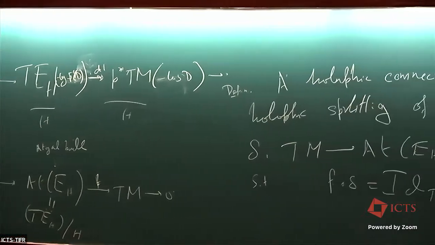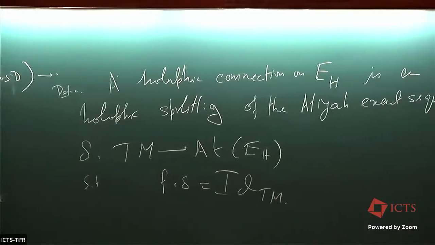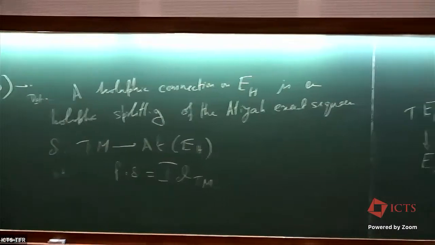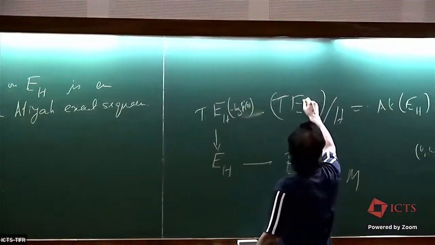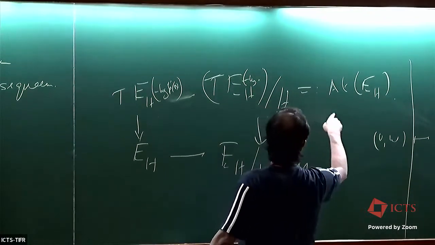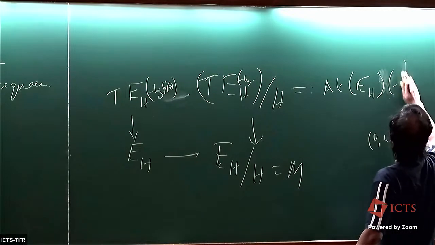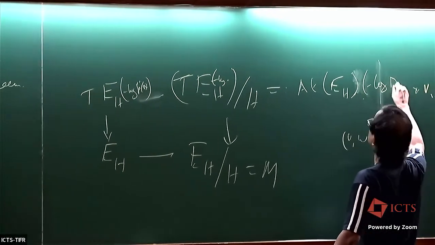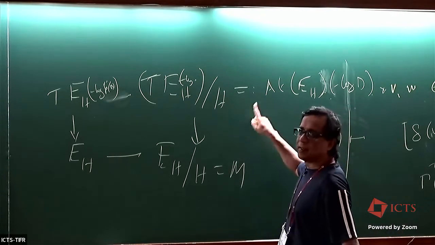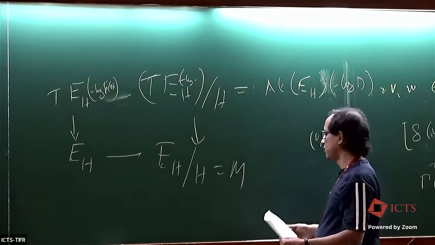So this minus log P inverse D to EH, minus log P inverse D, and this quotient is called Atiyah minus log D. So I get a different vector bundle, which is called the logarithmic Atiyah bundle.